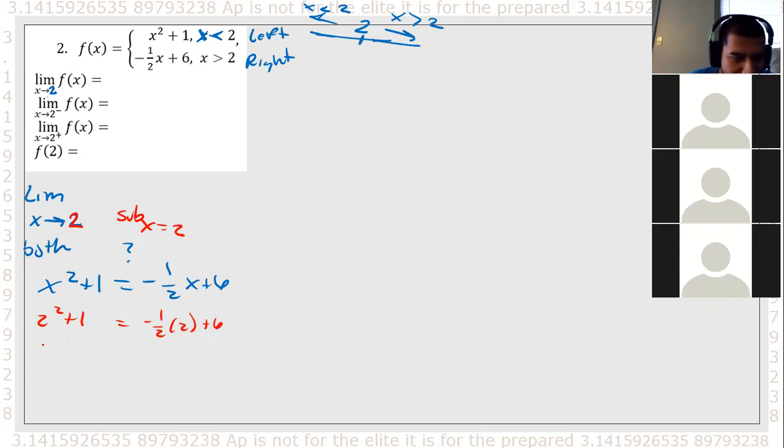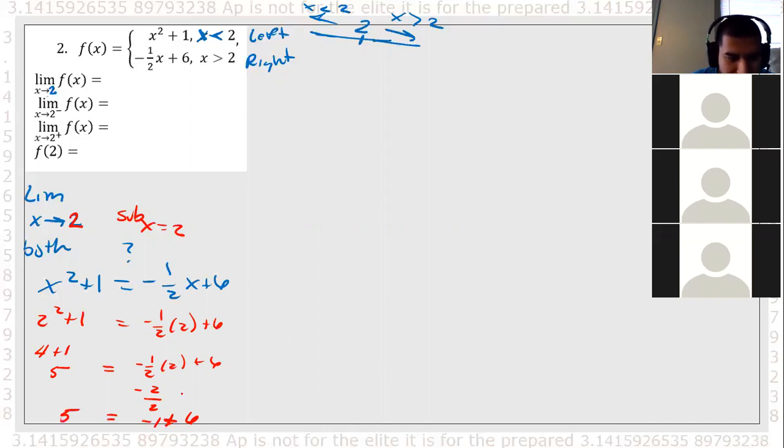So that is 4 plus 1, which is 5, equals negative 1/2 times 2 plus 6. Well, remember, it's just going to be negative 2 over 2, which is negative 1. Sorry, what did I do? Negative 1 plus 6, not equals 6. So 5 equals negative 1 plus 6.